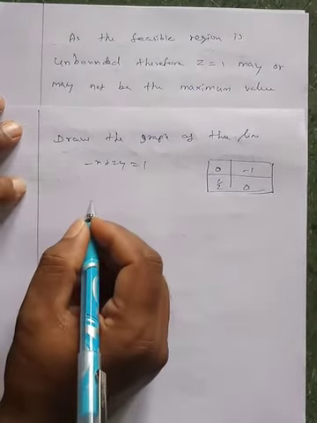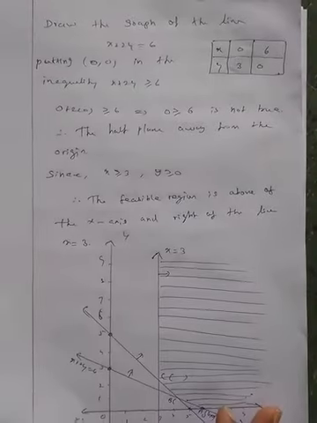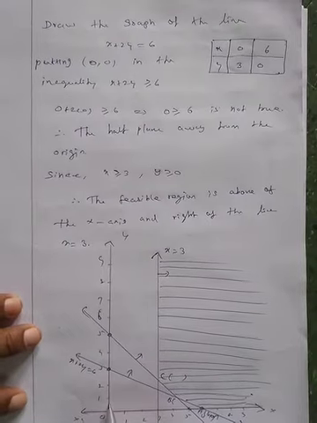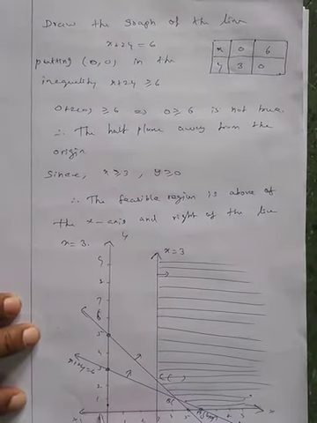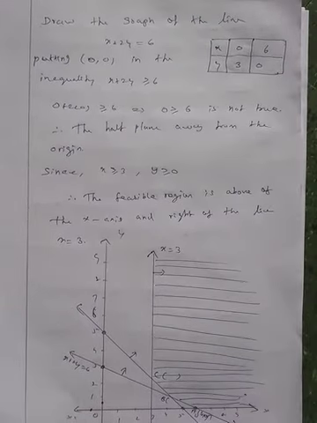Draw this line on the same graph through the points (0, 1 by 2) and (minus 1, 0).